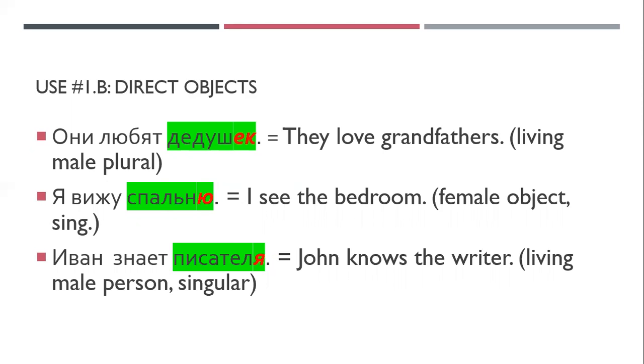Again, the bedroom is the direct object of my seeing. Иван знает писателя. Whom does Ivan know? He knows the writer. And according to whether these are male or female, or objects or not, the ending changes accordingly.